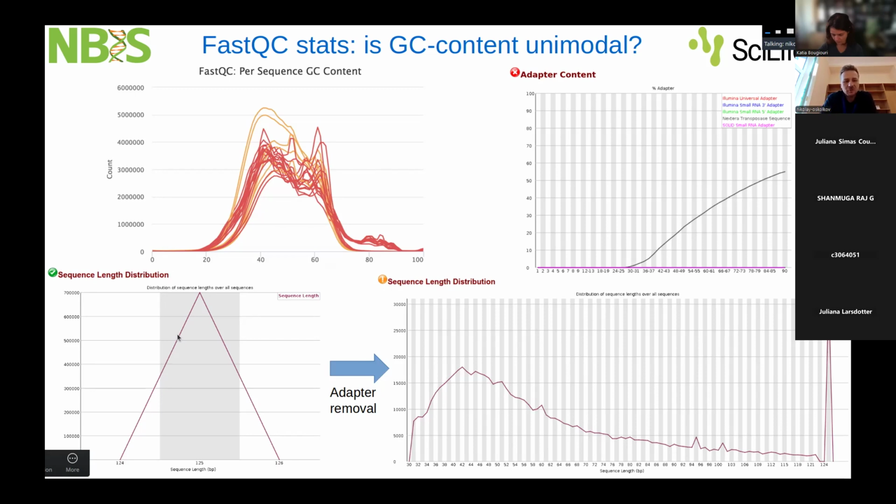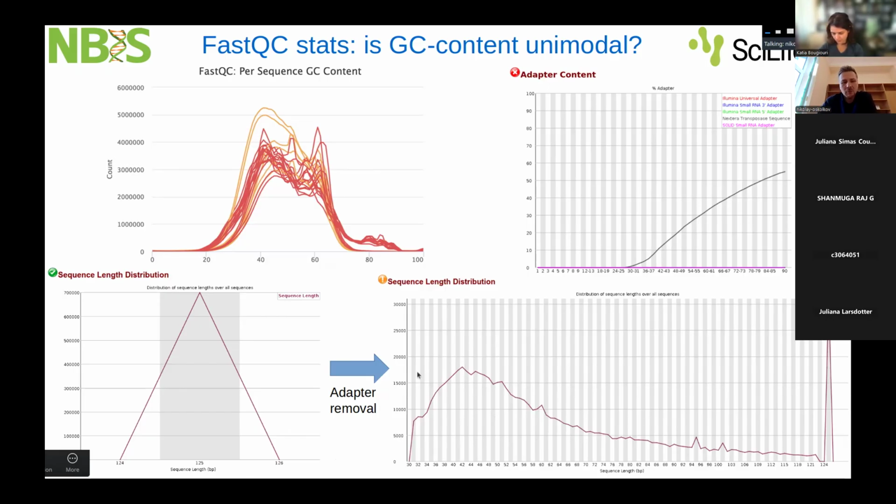That's a demonstration of DNA fragmentation that they always watch for. Before adapter removal, all reads are the same length, but after adapter removal, you get this nice distribution, and you can estimate how degraded your DNA is. What is the mode of this distribution? Typically it's around 30, 40, 50, maybe not 100. 100 is closer to modern DNA.